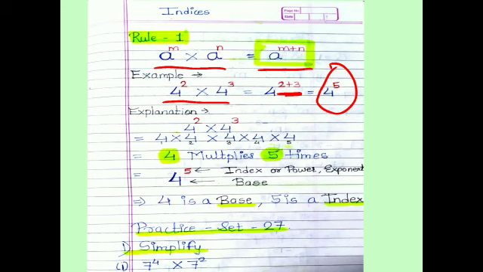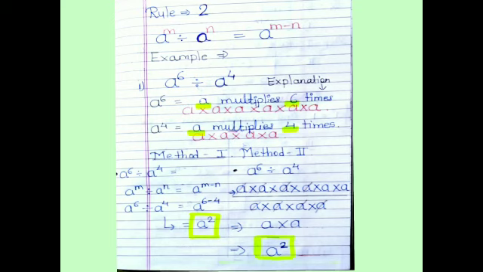Now we have moved ahead with the second rule. Rule number 2 is a raised to m divided by a raised to n. Here again we have a common base, and the indices are m and n.